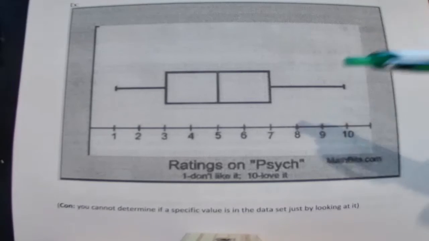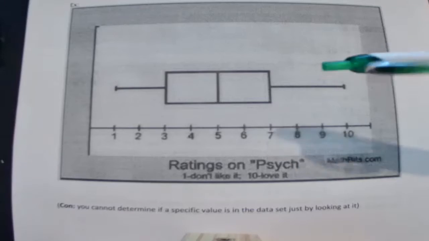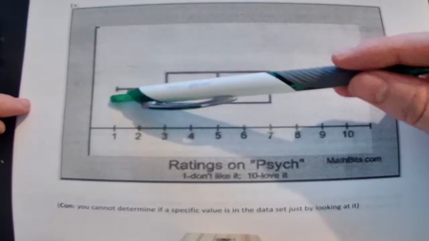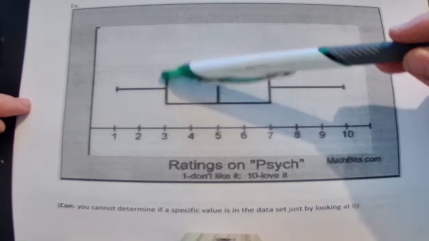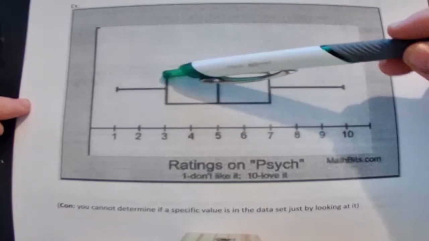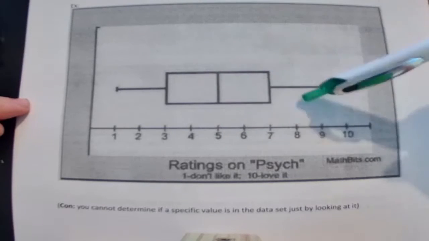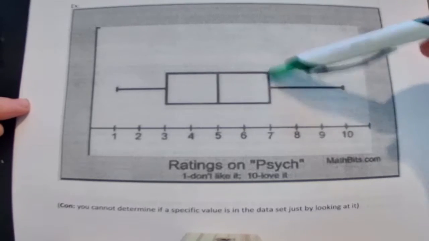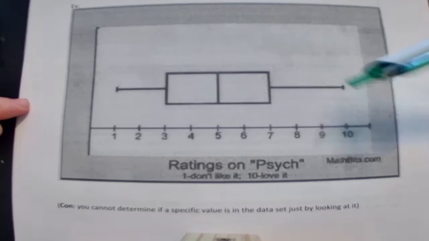So in this example here that you have underneath, if I were looking at it, 1 would be my minimum, 3 would be my first quartile, 5 would be my second quartile, 7 would be my third quartile, and the maximum would be 10.